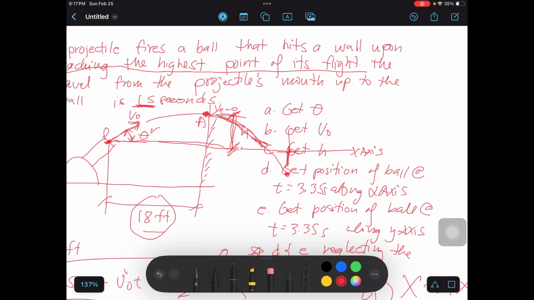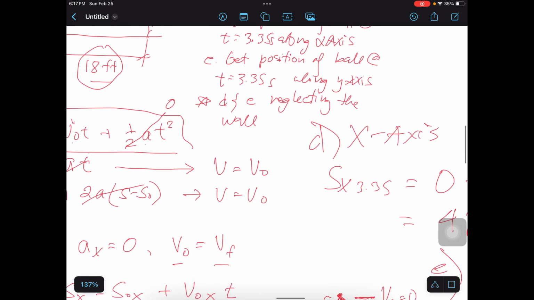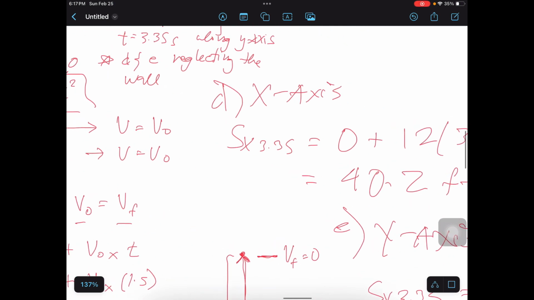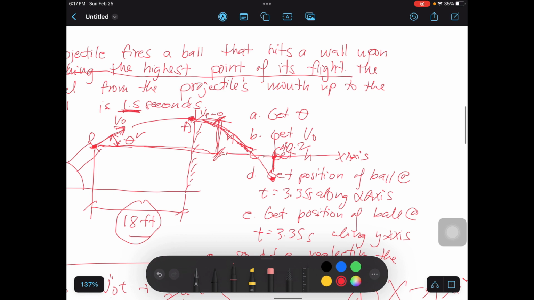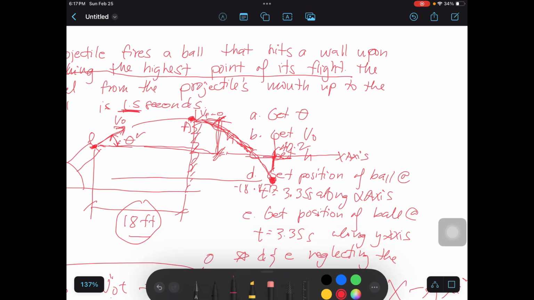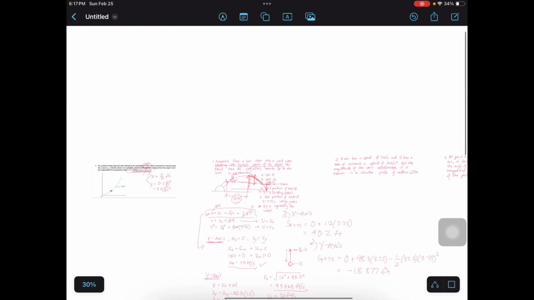So, this is your x, 40.2. And then, yung y natin is negative 18.877. So, nandito na yung ball. So, that is neglecting yung presence ng wall. So, bababa na siya, pero to the right pa rin. So, that is problem number 1.